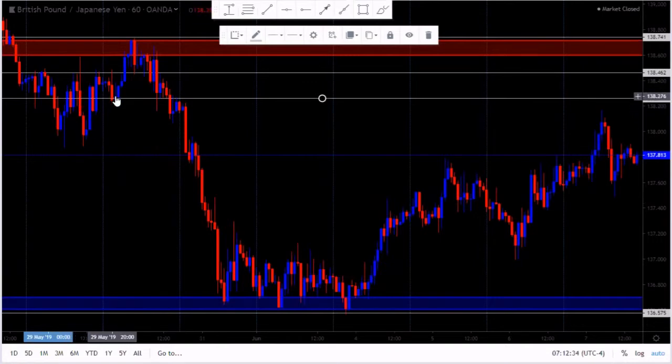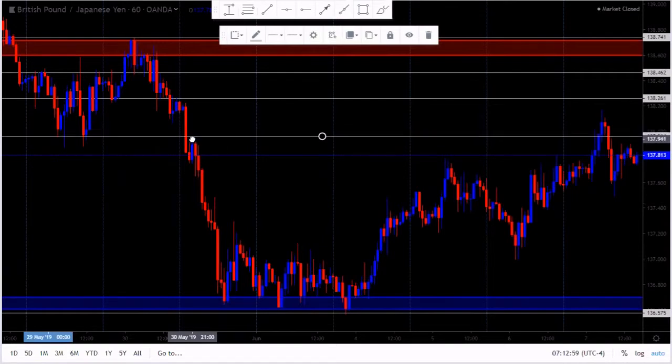We have support here to where it came up. We have support here, but then we have a breakout. It retested, so it's touched this area several times as well. So this is also a good zone for us to keep an eye out for breakouts and potential reversals. And we're going to just keep doing this.